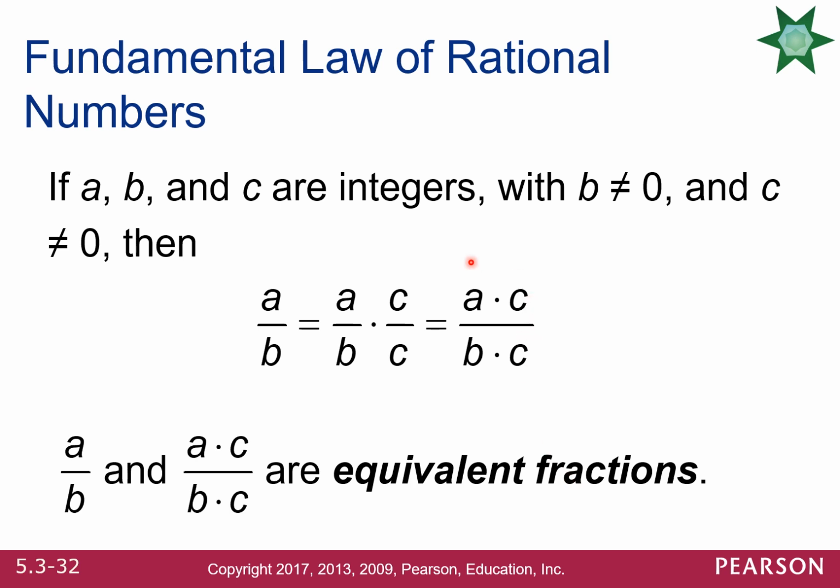When we multiply the numerator and denominator by the same value, of course, the value in the numerator changes and the value in the denominator changes, but it can be reduced back to the original fraction, and therefore it's called an equivalent fraction, or equivalent fractions, right?